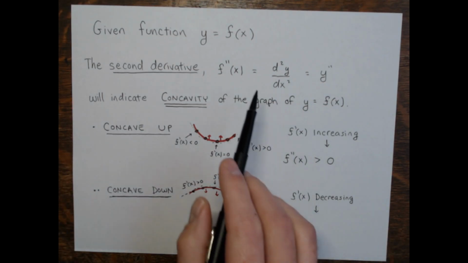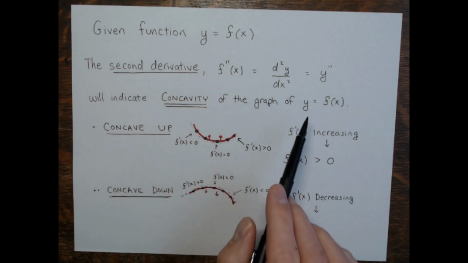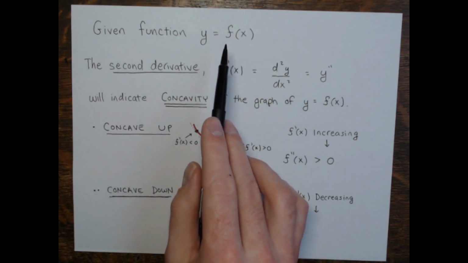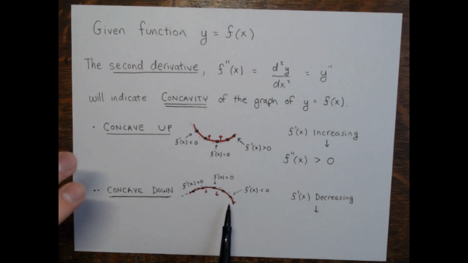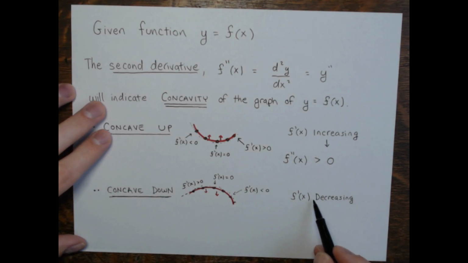And as we talked about with the original function and the first derivative, wherever a function is decreasing, its derivative is negative. So if the first derivative is decreasing from left to right here on a piece of curve that's concave down, then its derivative, f double prime, will be negative.